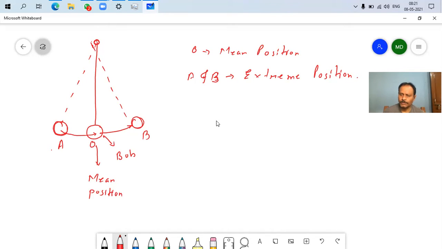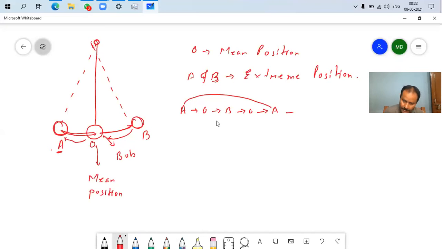Okay, oscillatory motion. Now, as we can understand, it will start moving from one end A. It will start from here, move to O, then again move to B, and again back from B to O and O to A. If the bob moves from A to O, O to B, then again back B to O and to A, meaning you can see we have the two extremes at the two ends.